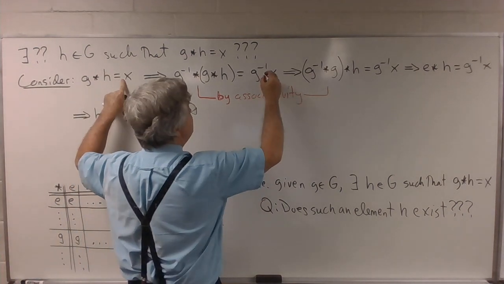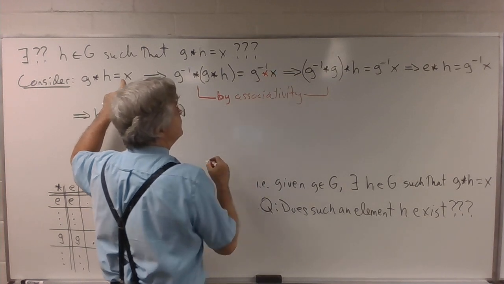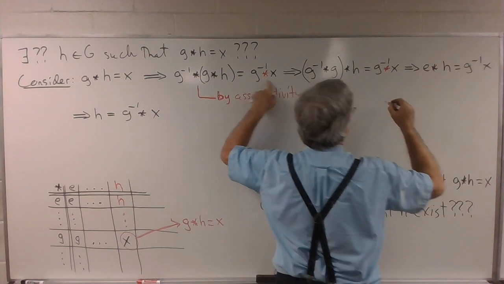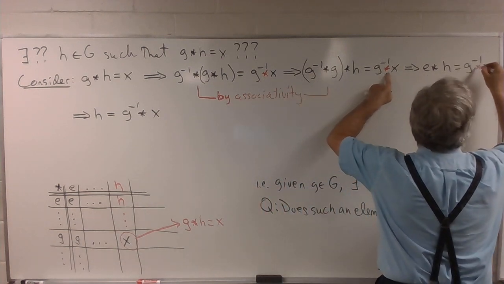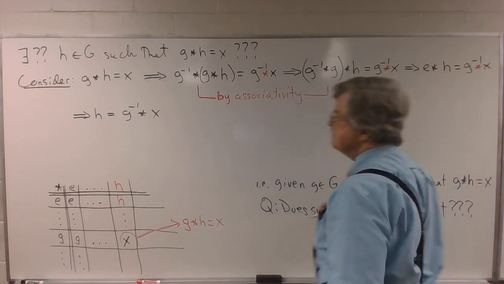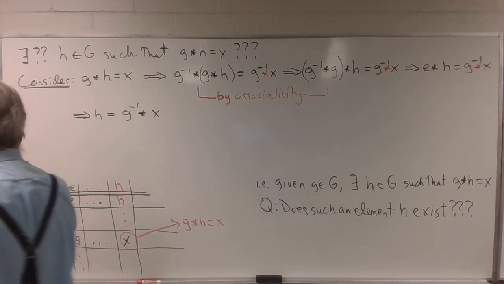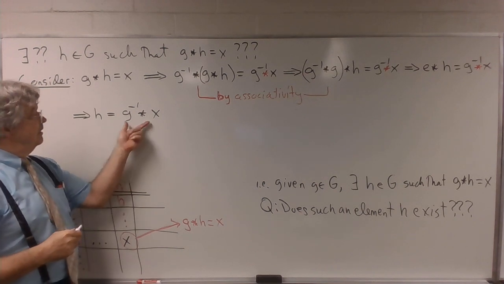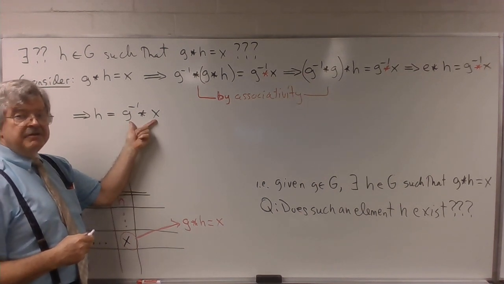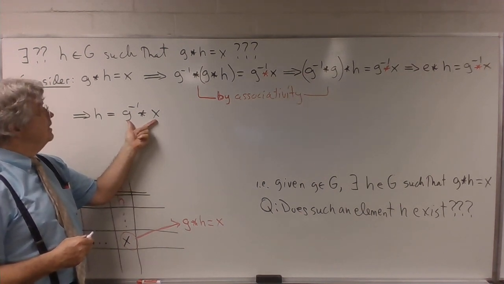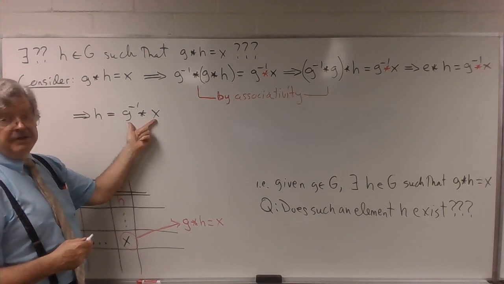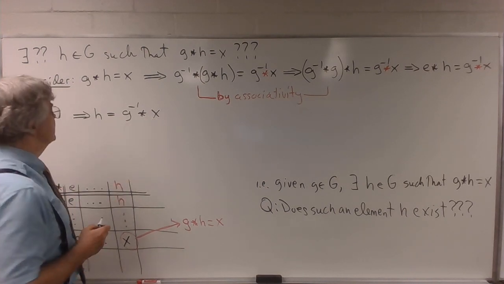So this should be g inverse star X. Is h an element of G? Absolutely. Because the binary operation on the elements of the set G is closed on the set G. That's one of the group axioms.